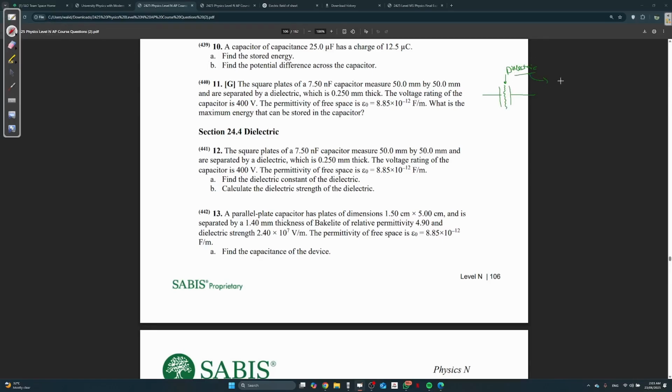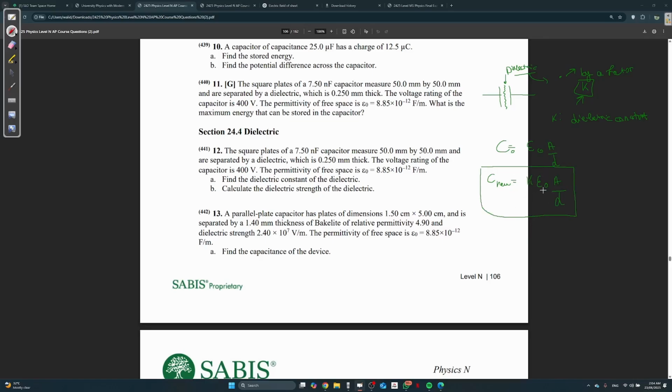Now, when I say it increases the capacitance, there's a rule you need to know. It increases by a factor K. Now, what is K? K is the dielectric constant. So if you take a look at the capacitance, originally we said it's epsilon 0 A over D. Since it's increasing by a factor of K, the new capacitance, we're going to call this C0, after the dielectric is going to be K epsilon 0 A over D. Very simple.